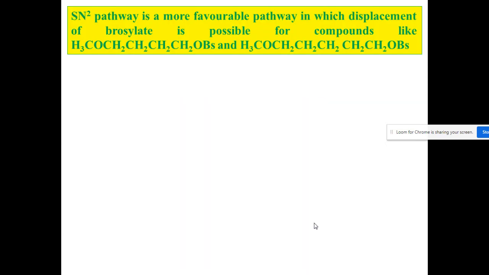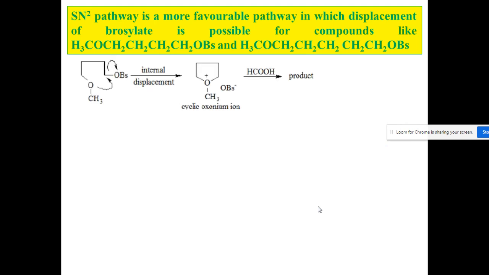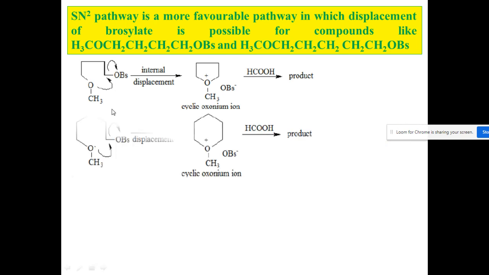Now, the SN2 pathway is the more favorable pathway, in which displacement of brosylate, which is a good leaving group, is possible for compounds like these.